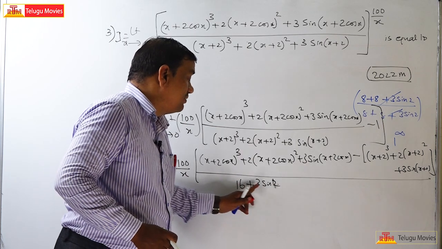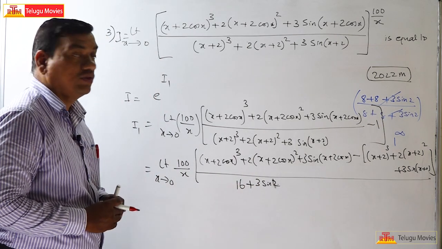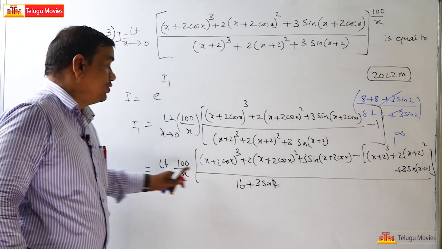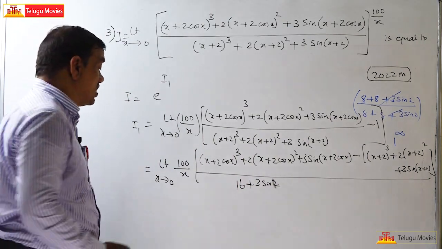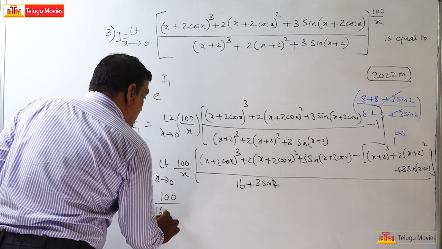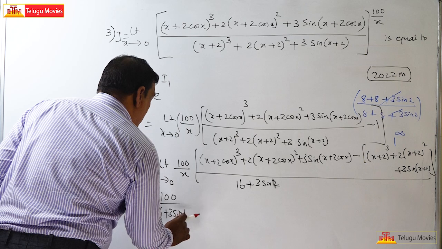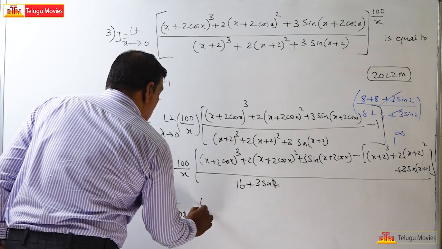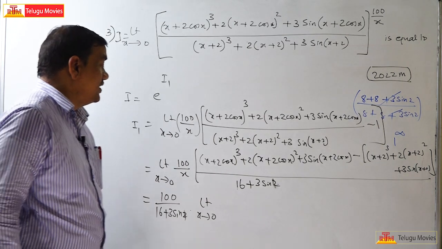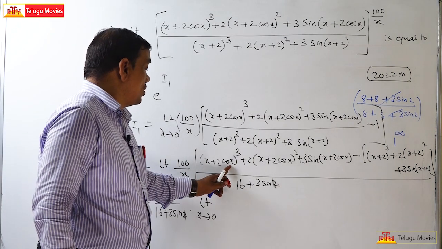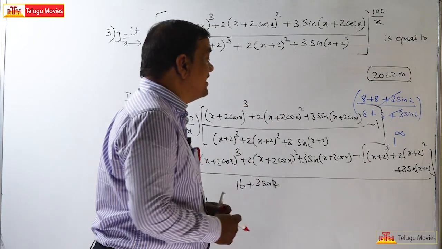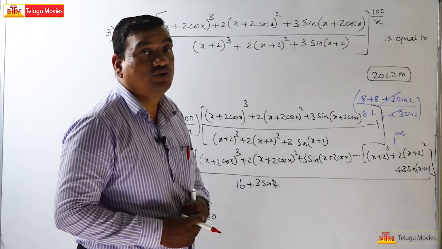Now, 100 by 16 plus 3 sin 2 is a constant, so I have taken it outside. Now limit x tends to 0 of (x plus 2 cos x) whole cube minus of x plus 2 whole cube.